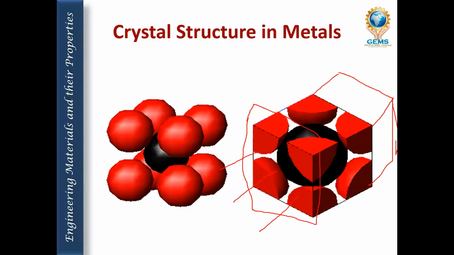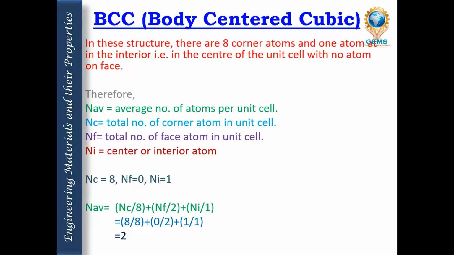Let me show you here. In this structure there are 8 corner atoms and 1 atom at the interior, in the center of the unit cell, with no atom on the face. Therefore N_av is the average number of atoms per unit cell. N_c is the total number of corner atoms per unit cell, N_f is the total number of face atoms in the unit cell, and N_i is the center or interior atom.